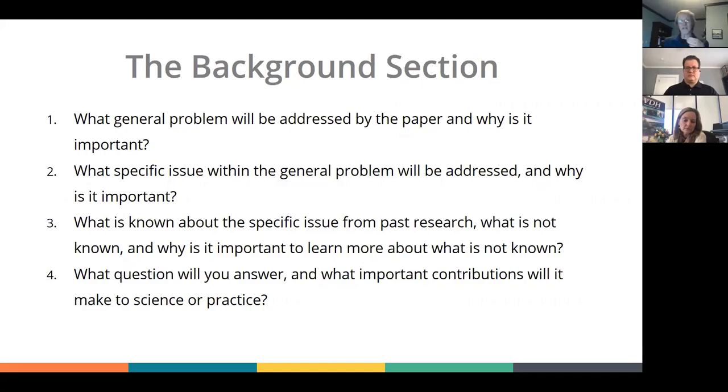Then we might go down to say, okay, if we wanted to do something about e-cigarettes in high school age youth, what are some of the approaches that we've learned about so far? Are there policy approaches, regulatory approaches that are going on? Is there something really interesting going on in your state that we're beginning to learn about that might build on something else that's going on in another part of the country?